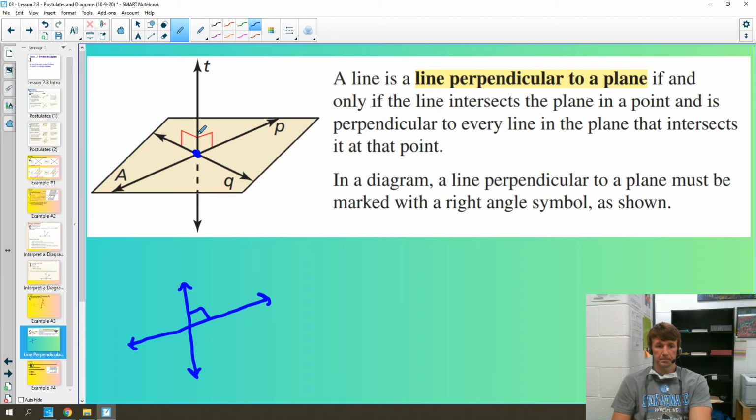All right, so we could definitely say in the diagram, line T is perpendicular to plane, I guess this is plane A right here, because it's perpendicular to lines P and Q.